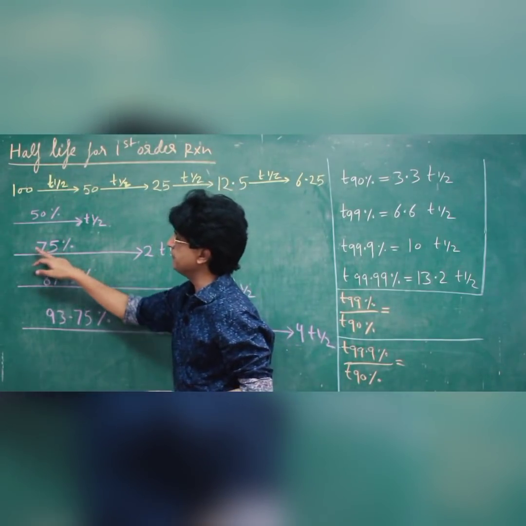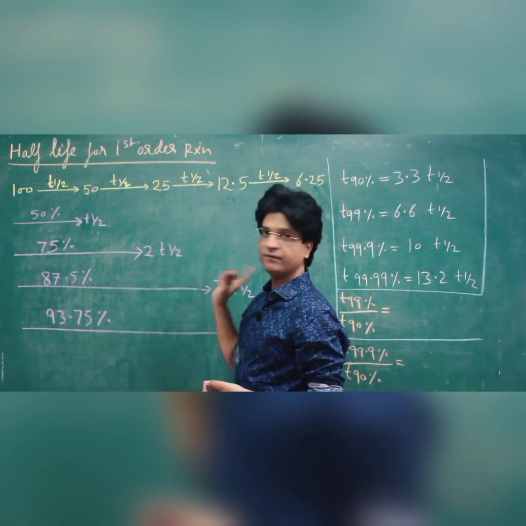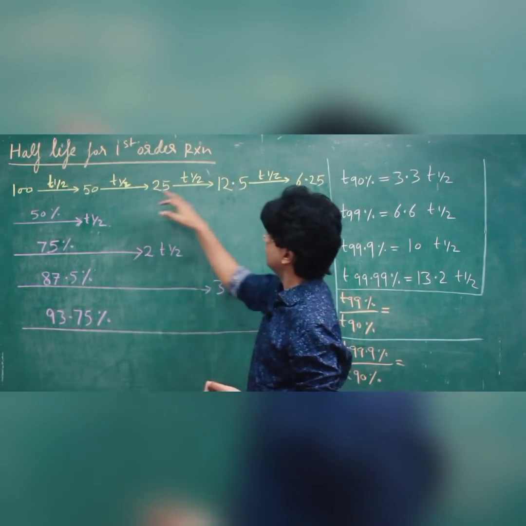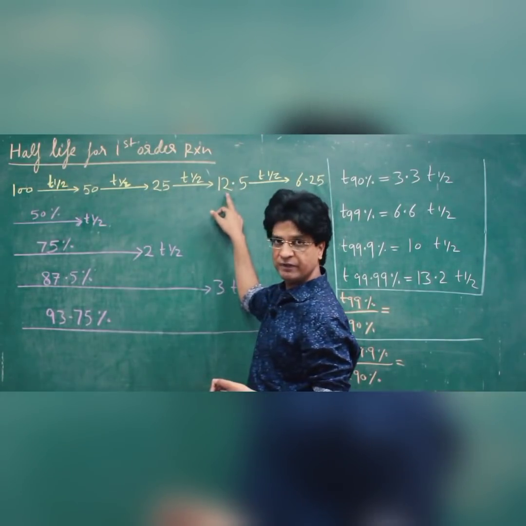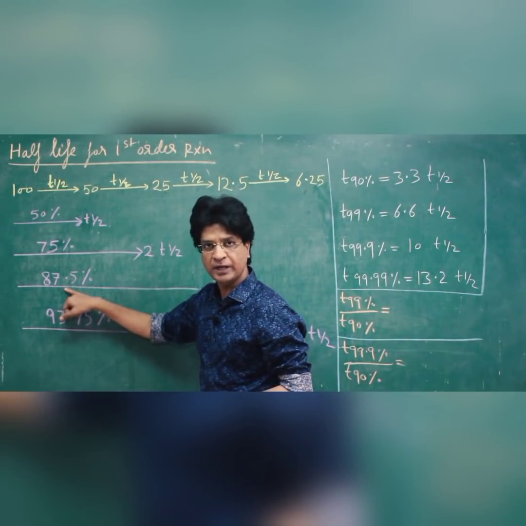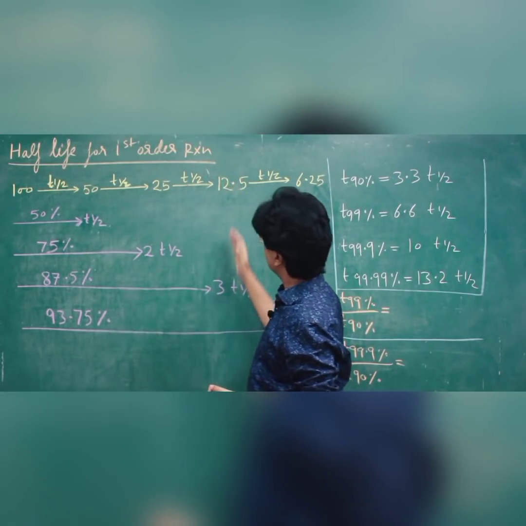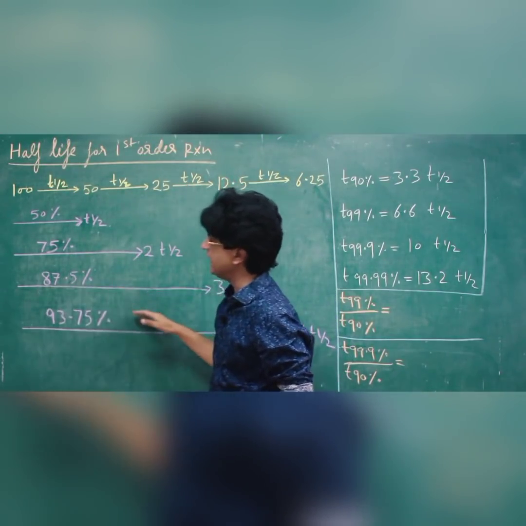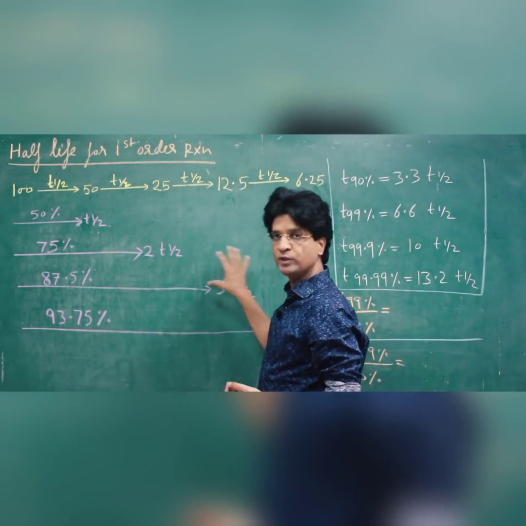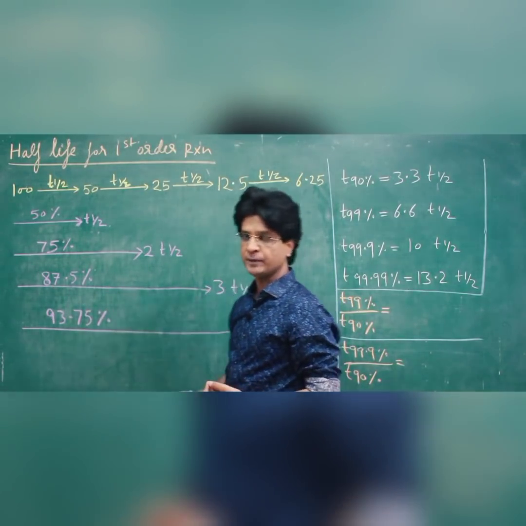So t 75%, the time taken to complete 75% reaction, will be 2 half-lives. Similarly, from 100 to 12.5, I have completed 87.5% reaction. How many half-lives? 1, 2 and 3. So 3 half-lives are required to complete 87.5% reaction.